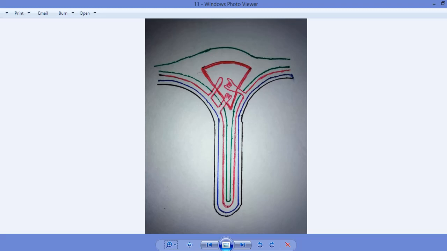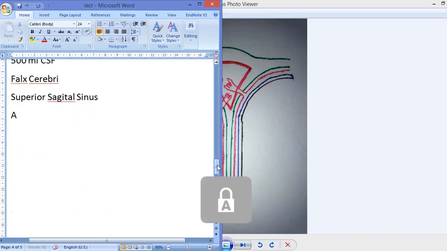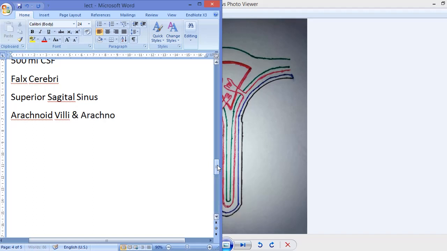So the arachnoid villi and arachnoid granulation, I'm going to write: arachnoid villi and arachnoid granulation.